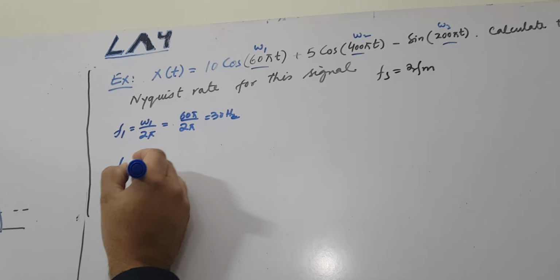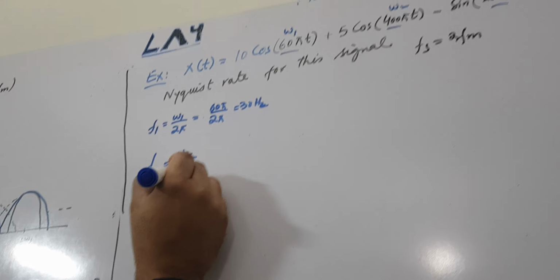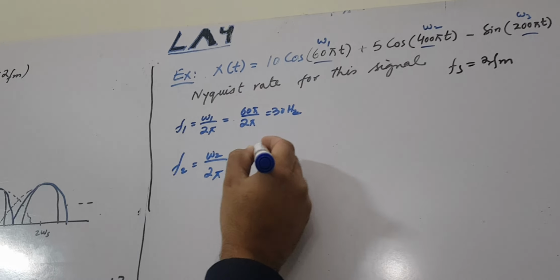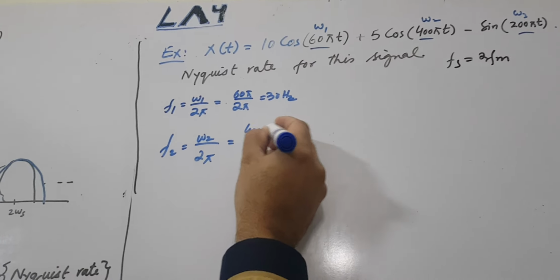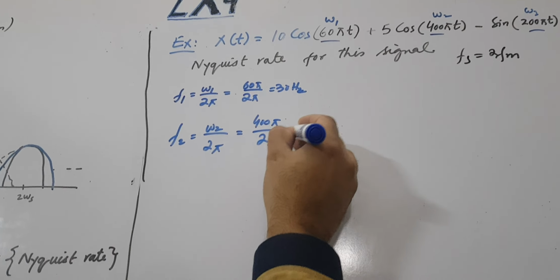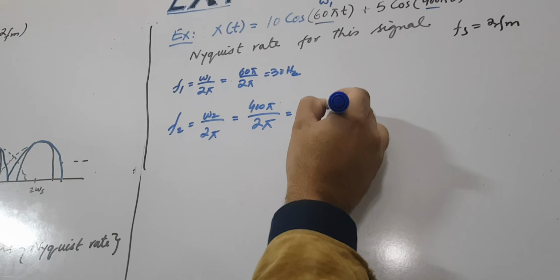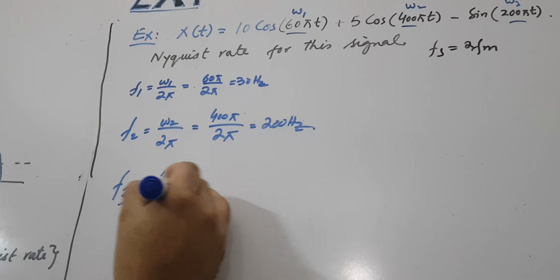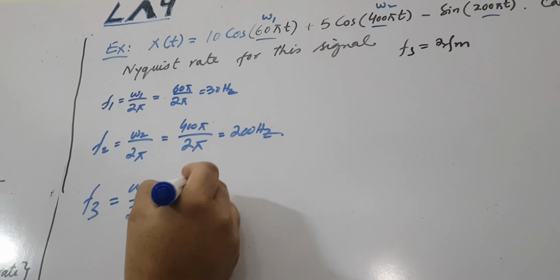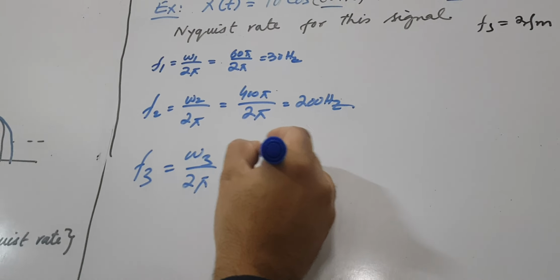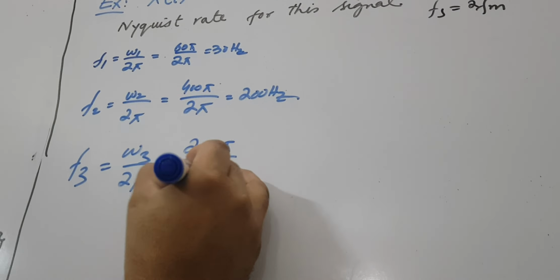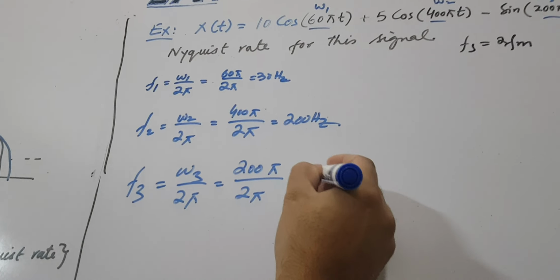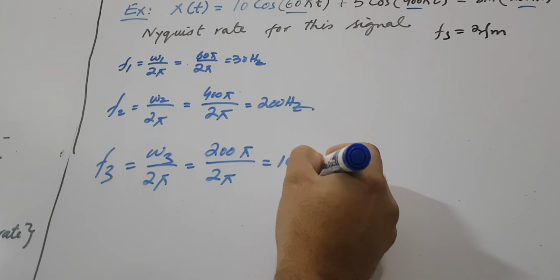Similarly, f2 is omega 2 by 2 pi, which is 400 pi divided by 2 pi, so that equals 200 hertz. And f3 is omega 3 by 2 pi, which is 200 pi divided by 2 pi, so that equals 100 hertz.